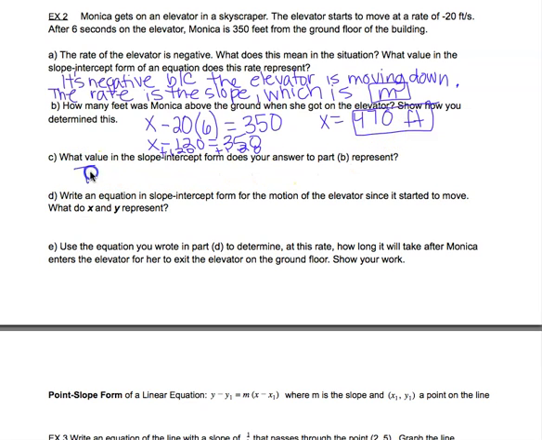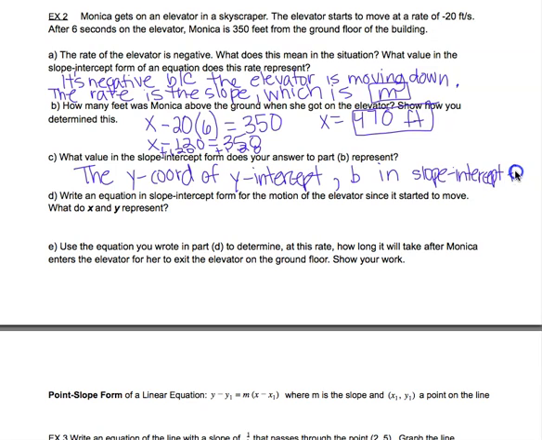So this is the y-coordinate of the y-intercept, which means b in the equation. So b in slope-intercept form is what it wants to know here.